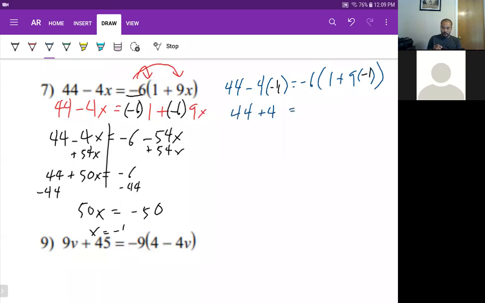Over here, it's going to be negative 9 plus 1 is negative 8. So negative 6 times negative 8. Negative, negative make a positive, so positive 48. Hey, it works. So that is the answer, x is negative 1.